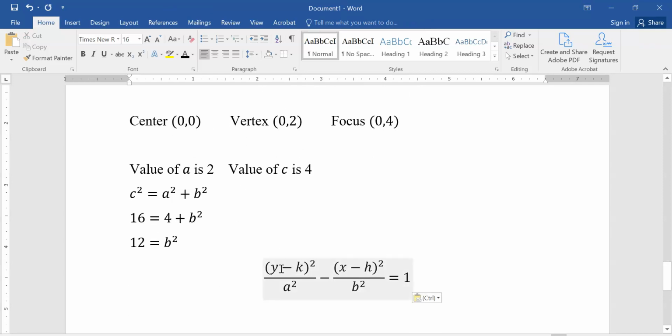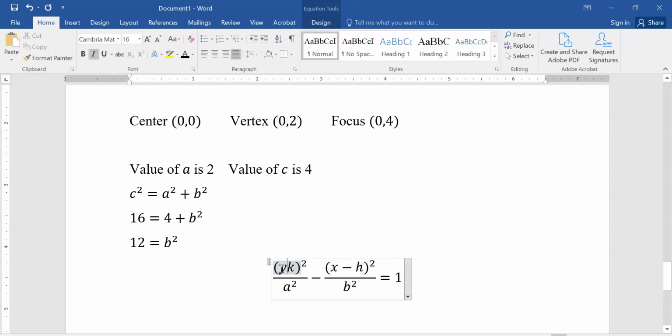I have all I need right now. Center at (0, 0) means y minus k will be y minus 0, and x minus h will be x minus 0. b squared I just said is 12. By the way, be careful: you say b squared is 12, b is the square root of 12. And then a squared, be careful you put a squared, that's 4, not 2.